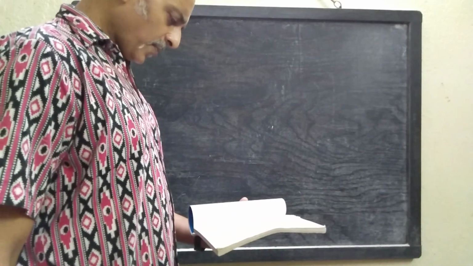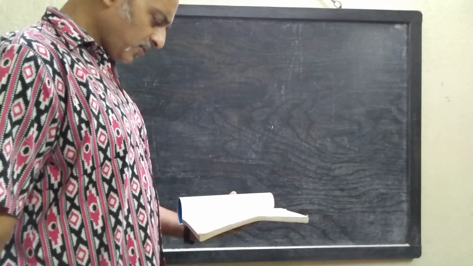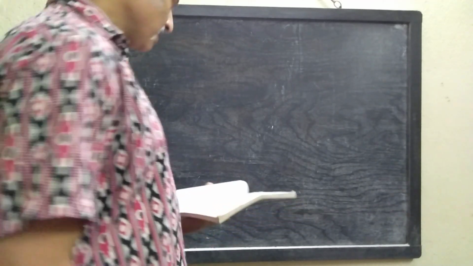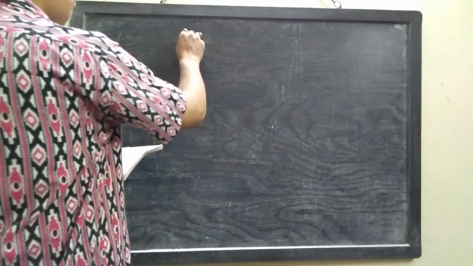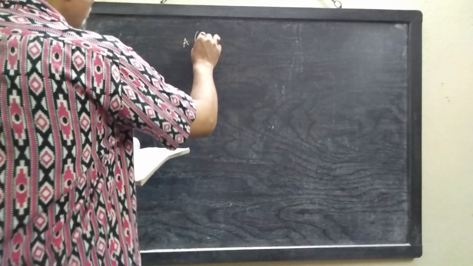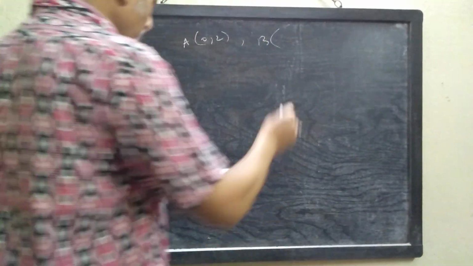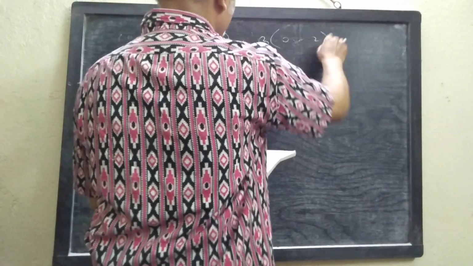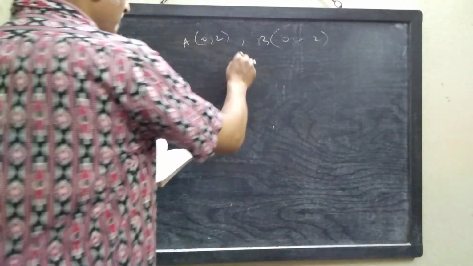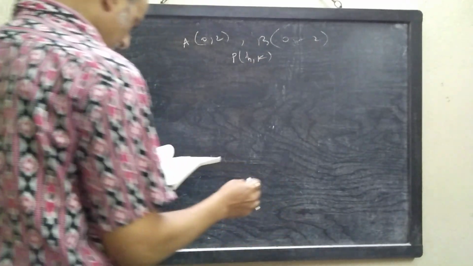Find the locus of a point such that the sum of its distances from the points (0, 2) and (0, minus 2) is 6. You can do it as homework. Suppose the given points are A (0, 2), B (0, minus 2). You have to take P(h, k) as any point lying on the locus.